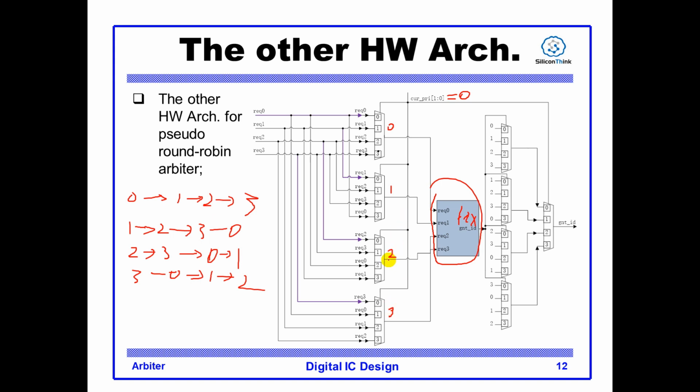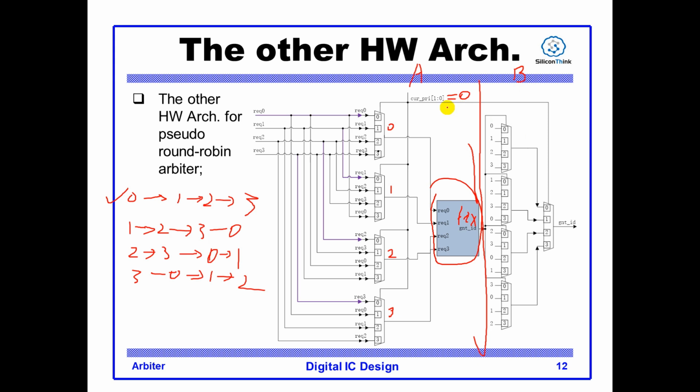He collects the output of the 4 muxes to the fixed priority arbiter. So this is the same as the priority setting of this case. You just look at part A.